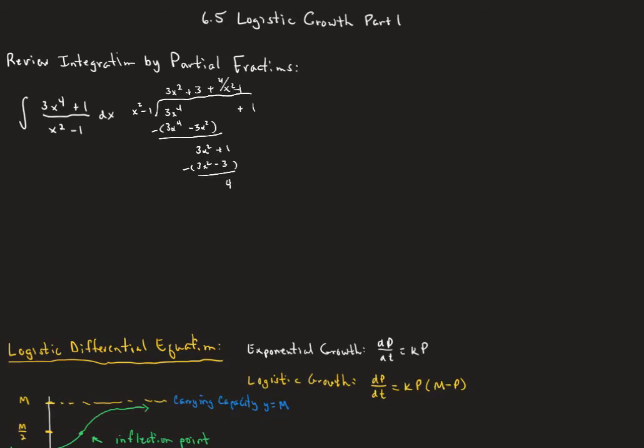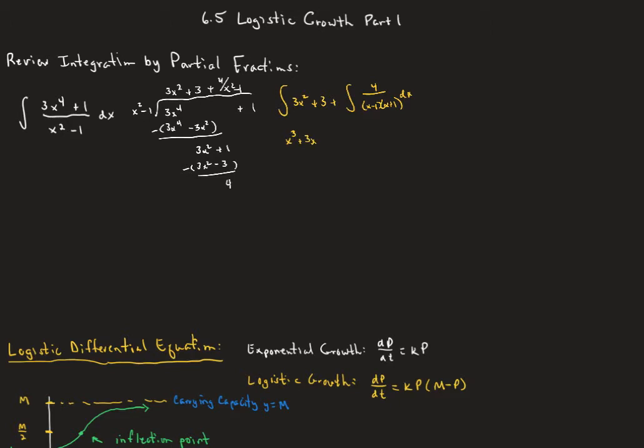So our integral has now become the integral of 3x squared plus 3, plus, and then I'm going to make a separate integral here for the 4 over x squared minus 1, which we are going to factor into x minus 1, x plus 1. So the first part, the integral of 3x squared plus 3, is going to be just x cubed plus 3x.